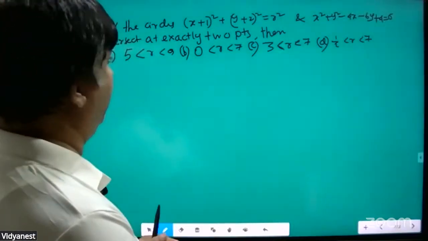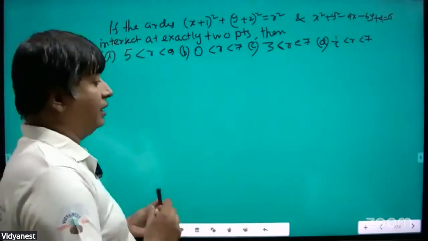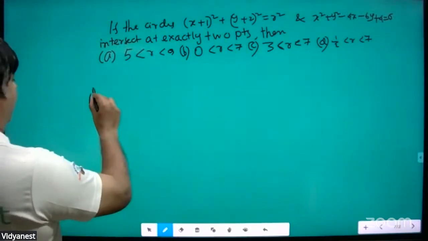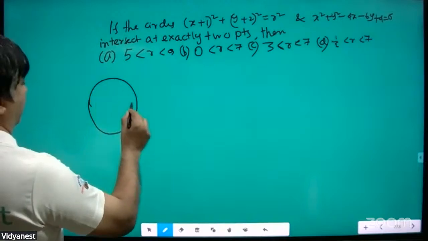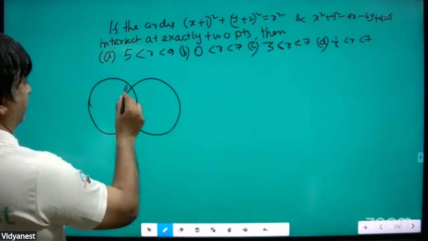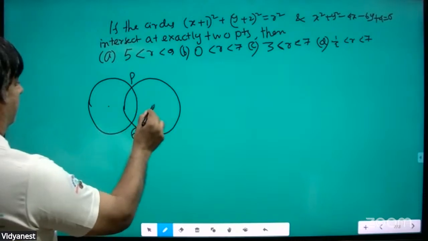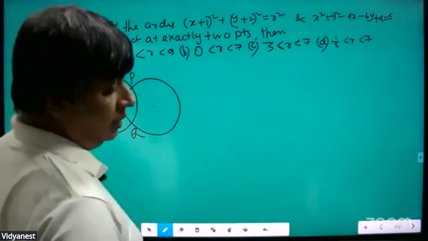Last day we did two things. You see, here two circles are intersecting each other. Yes or no? Yes sir.